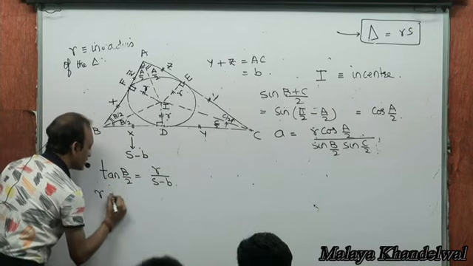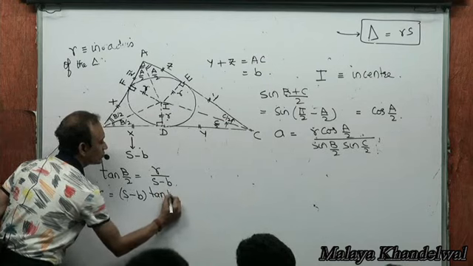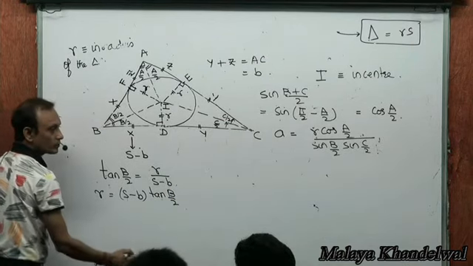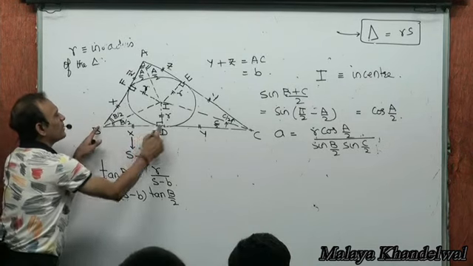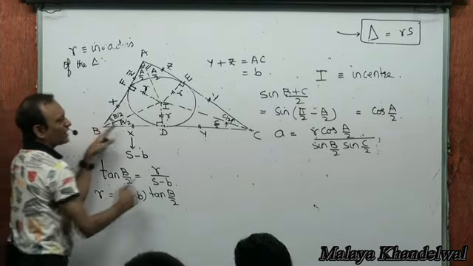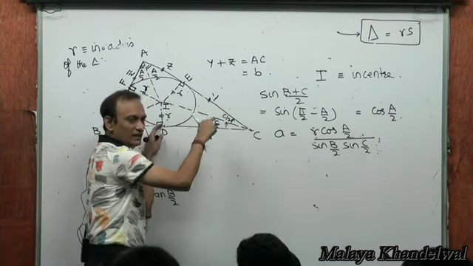So small r is (s minus b) tan B by 2. That means if (s minus b) tan B by 2 is small r, then (s minus c) tan C by 2 must also be small r.